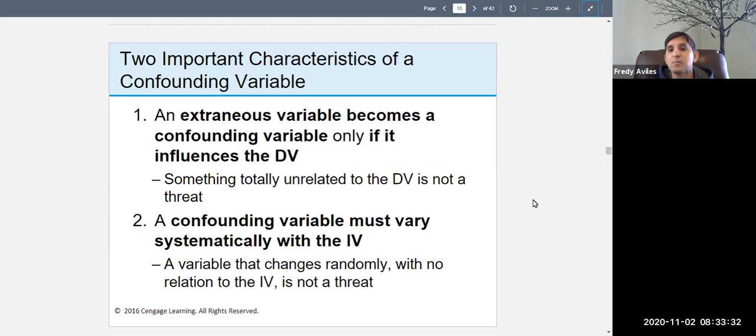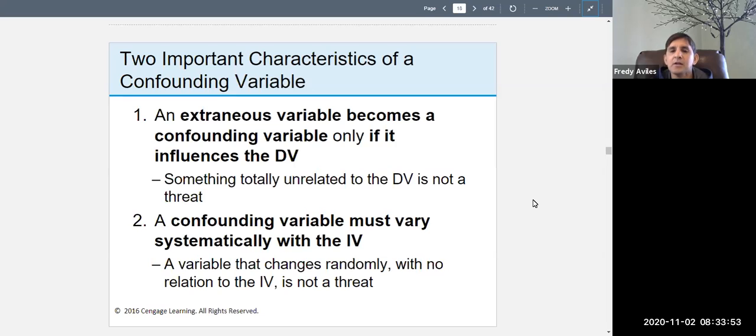A confounding variable must vary systematically with the independent variable in order for it to be a confounding variable, just like surprise varies along with humor. Things that are humorous are surprising. That's what makes a lot of things funny to begin with. You didn't expect them, and that's why they're funny.